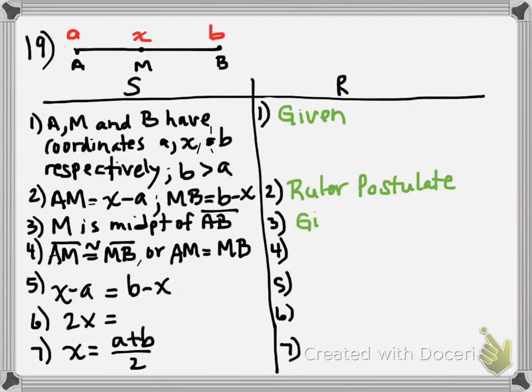So what they did is they took the given and split it into two locations. They took information from one given, and now we're going to get more information from the second. The key word in number 3 is midpoint, and we know that a midpoint of a segment creates two congruent segments. So segment AM is congruent to segment MB by the definition of a midpoint.